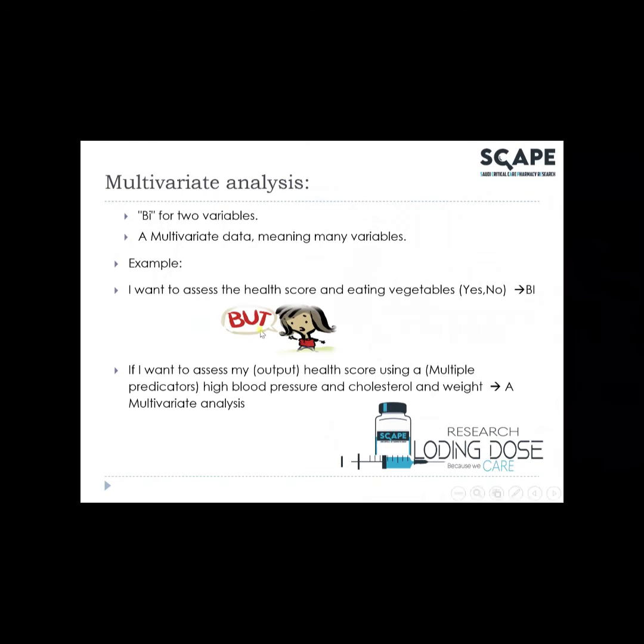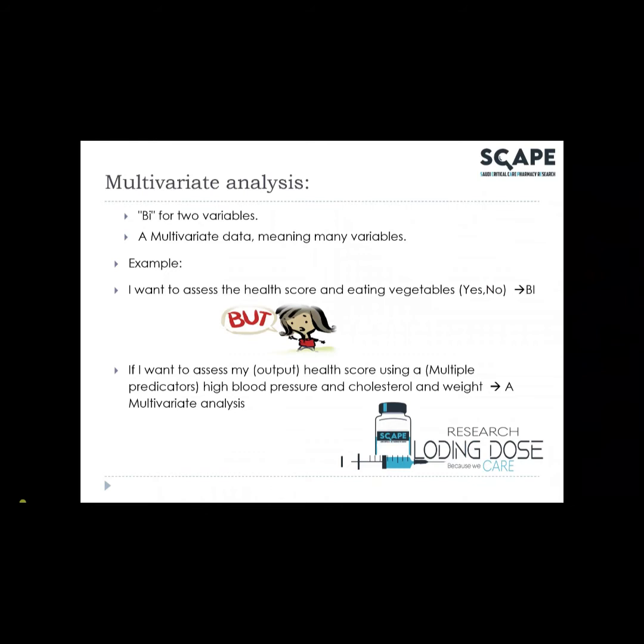Okay, so let's see now the multivariate analysis. When I say bivariate, I mean two variables, and when I say multivariate, that means many variables.